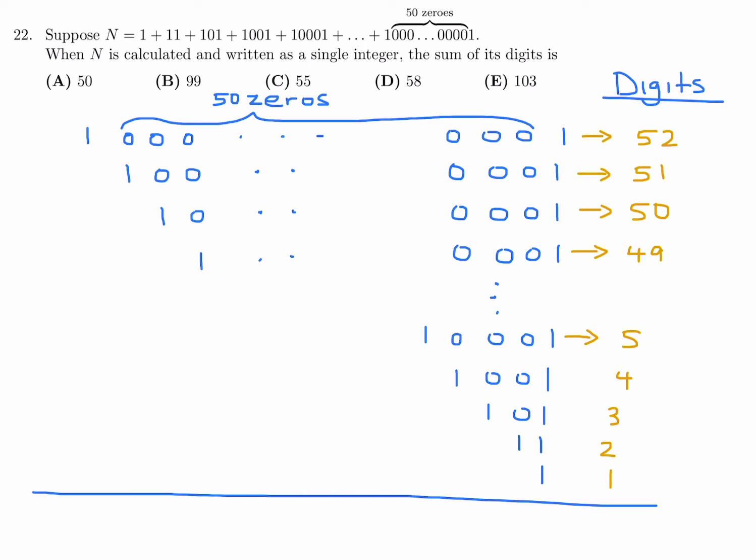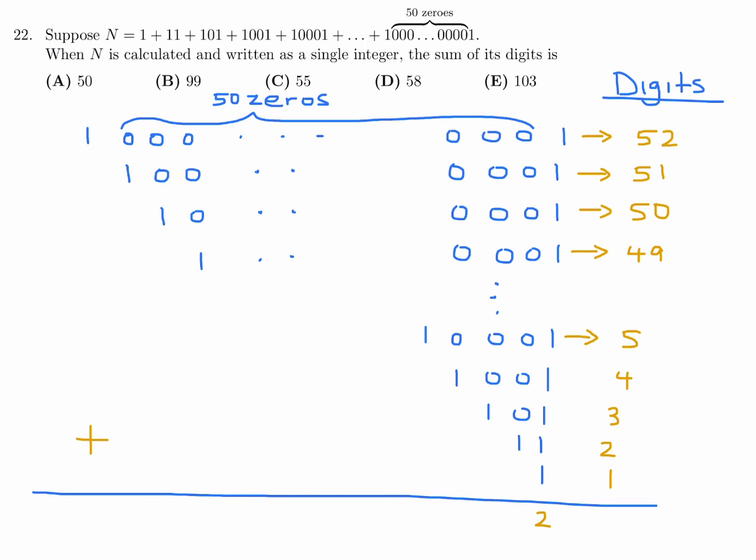Okay. Now we add these just like how you would back in the early days of elementary school. So that is all ones. Now how many ones are there? 52, because these numbers, there's 52 of them. You can clearly see that. So I've got 52 ones. So 52 ones is 52.